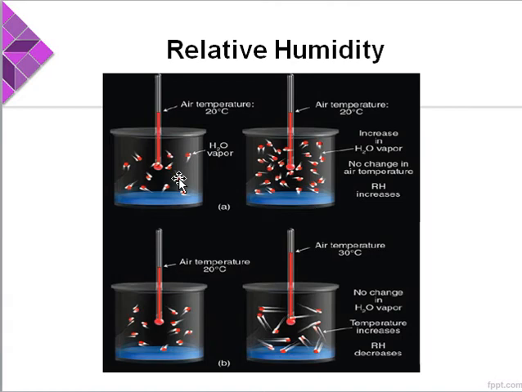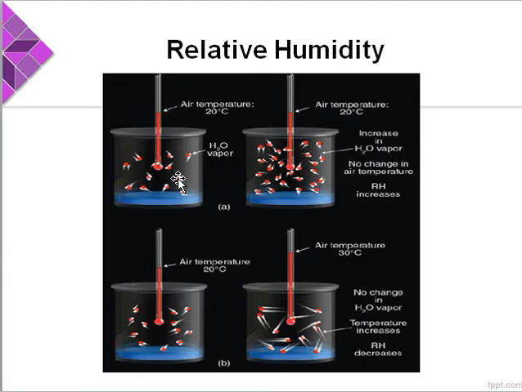The reason for this increase is that as more water vapor molecules are added to the air, there is a greater likelihood that some of the vapor molecules will stick together and condense. Condensation takes place in saturated air, remember?